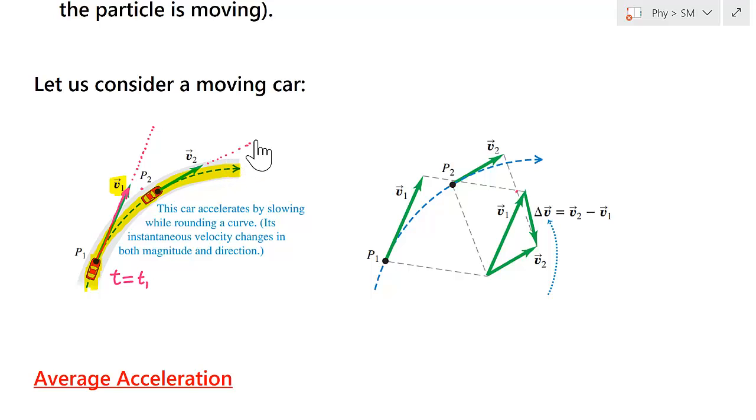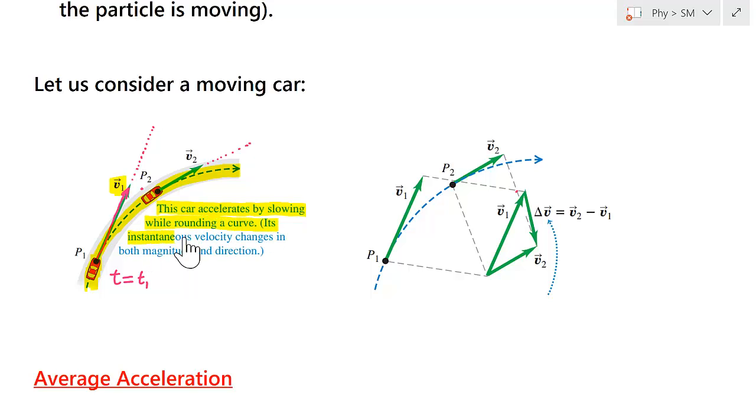So there is a change in the direction of velocity because this is moving on a curve, and the curve is changing the path, so the velocity direction is also changing. We can also think of this car as changing its magnitude of velocity. So the magnitude of velocity is changing as well as the direction. So this is an accelerating car. We can say this car accelerates by slowing while rounding a curve.